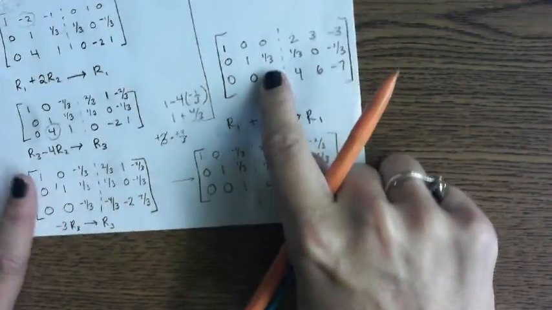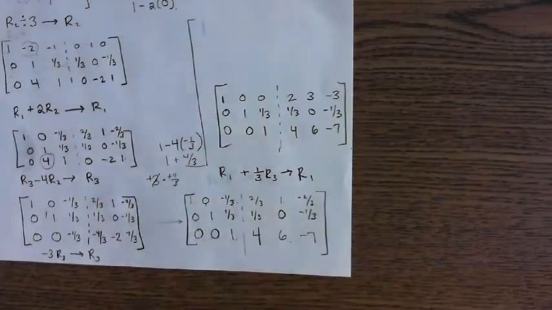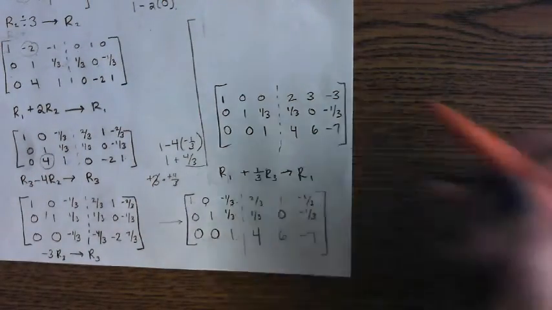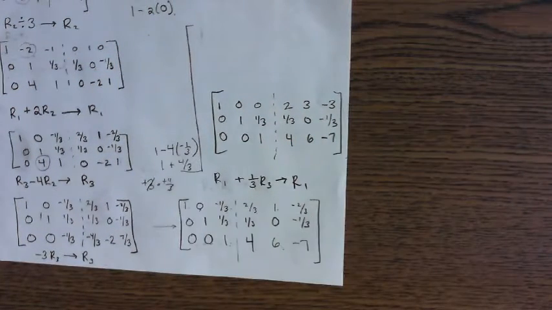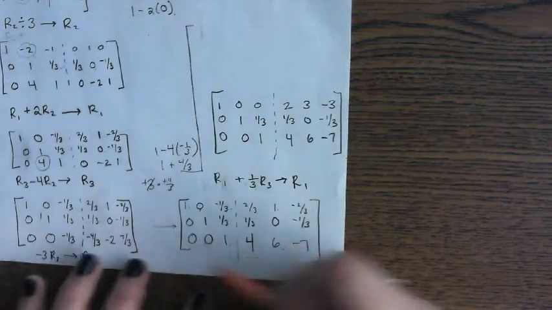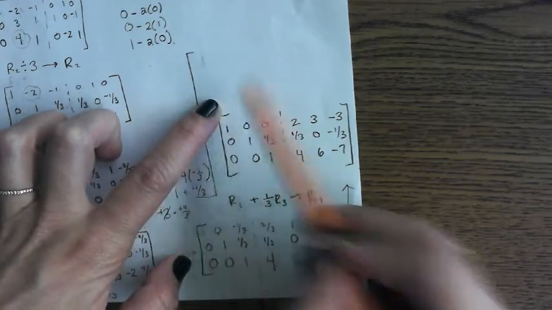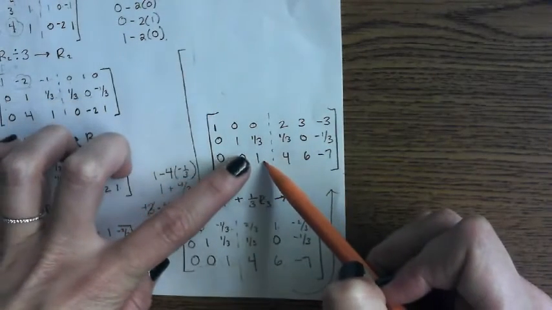So, take a minute, think about how you're going to make this 1/3 a 0. Which is what? Take what row? Take the third row and do what with it?